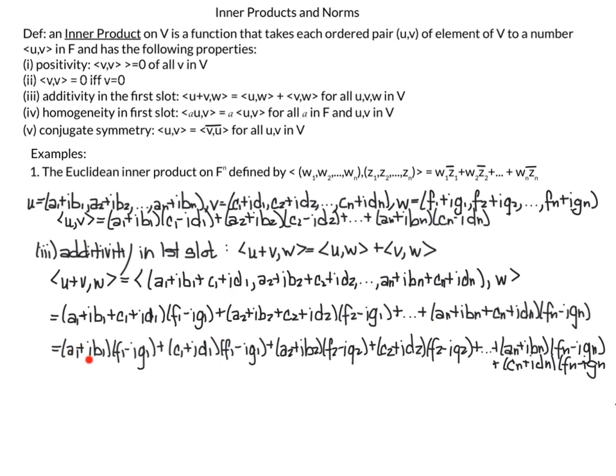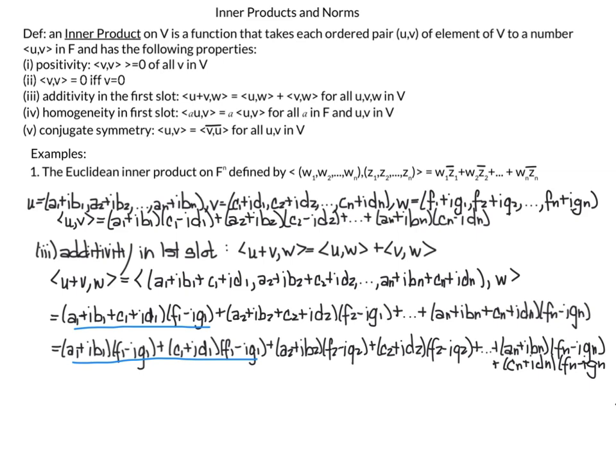So I have a1 plus ib1 times f1 minus ig1, plus c1 plus id1 times f1 minus ig1. That's coming from here. I just used my distributive property to separate things out, because ultimately I want to get it to look like this right-hand side of the equation, where I have the inner product of u with w plus the inner product of v with w. So this is beginning to look like the inner product of u with w plus the inner product of v with w.